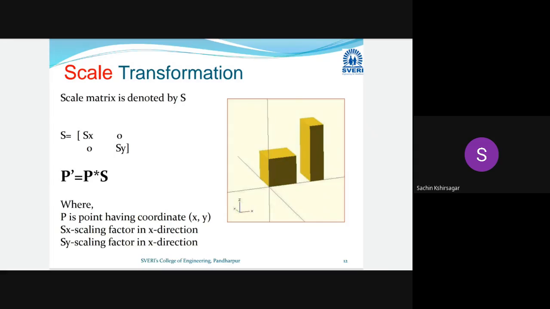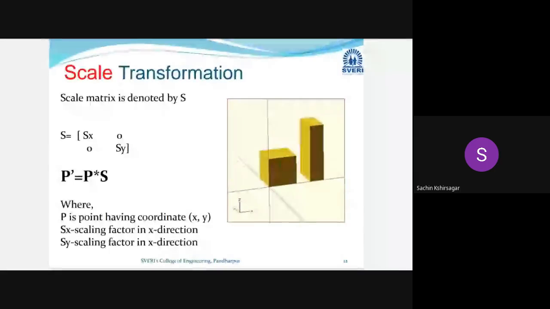What is scale? Scale is one of the types of geometric transformation, the third type. First is translation, second is rotation, third is scale. Using scale we can increase or decrease the size of a geometric model. Very simple definition.